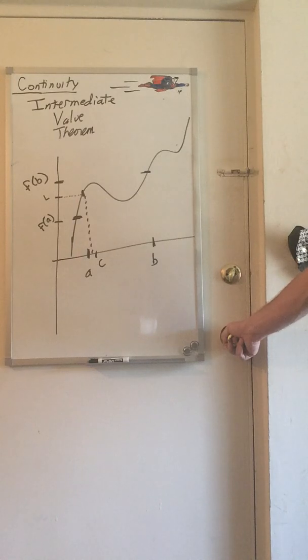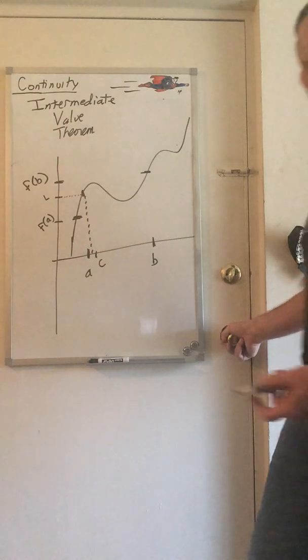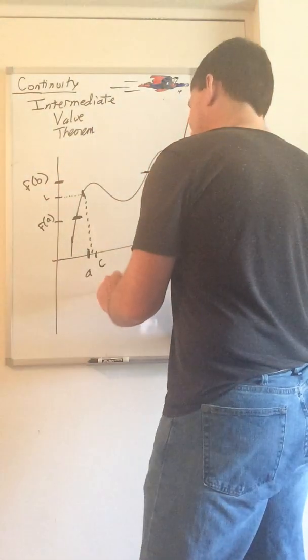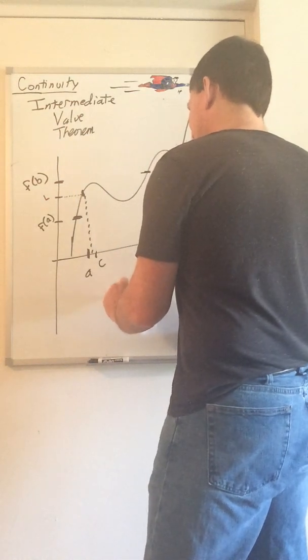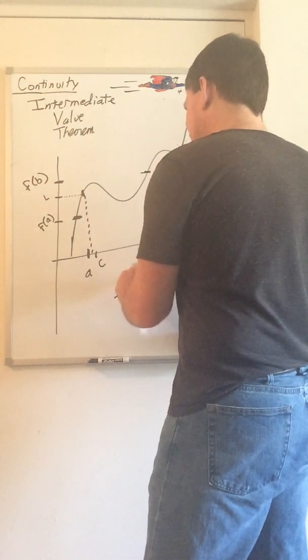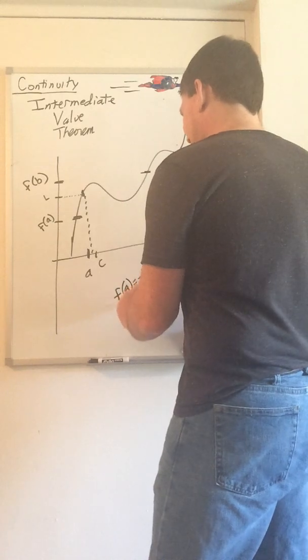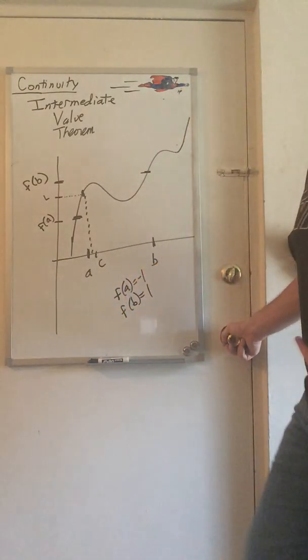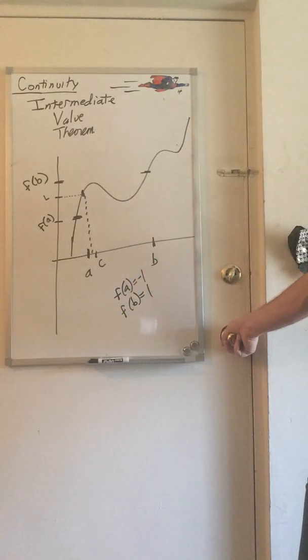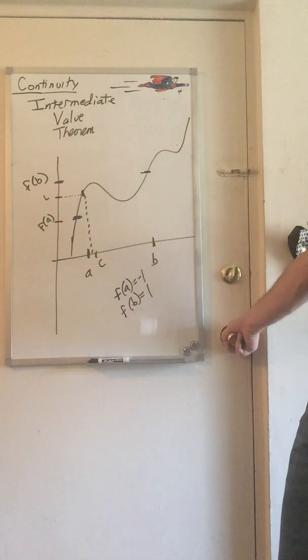You use it in 171 if you have a continuous function on some closed interval, AB, and you know that, say, f of A is -1, f of B is +1, then what has to exist between A and B? A zero somewhere. In 171, you care about finding zeros of functions, polynomials, and all that.